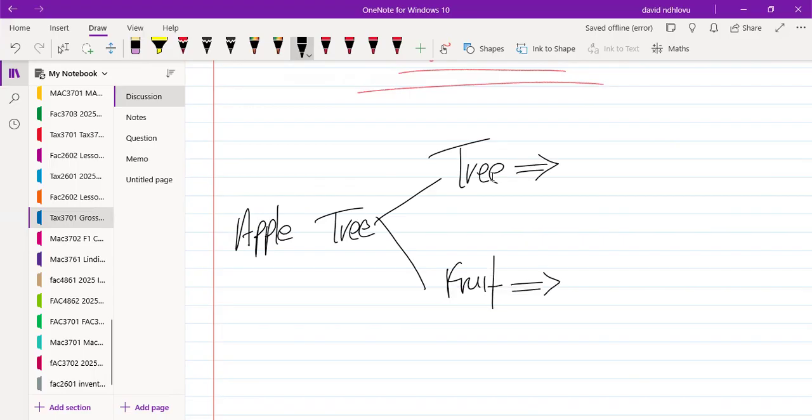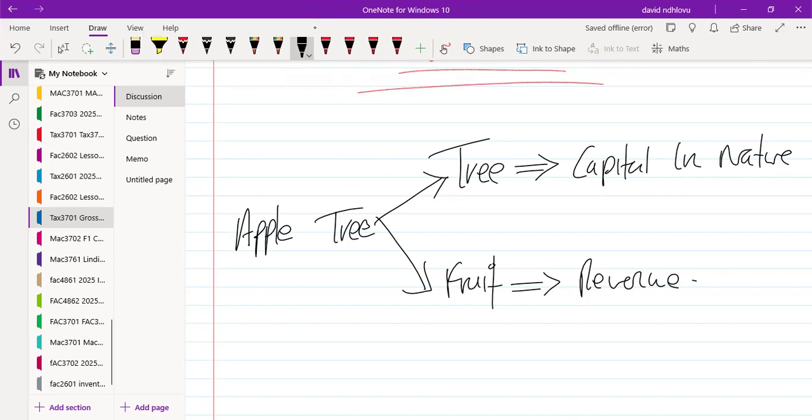Income derived from the sale of the tree, if you decide to sell the tree, is capital in nature. The fruit itself represents revenue in nature. That is how they explain it, trying to simplify this.